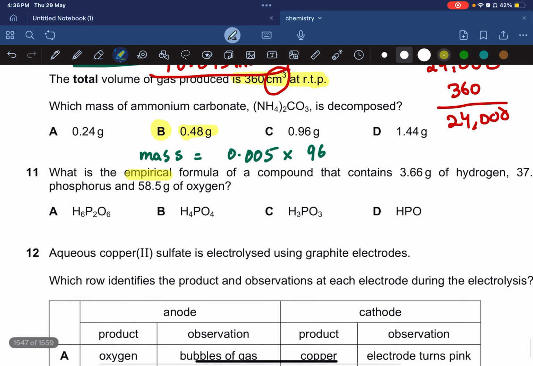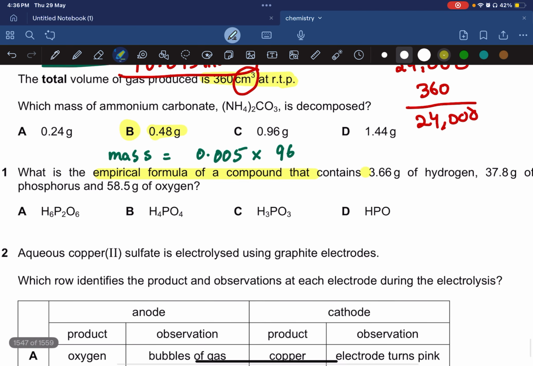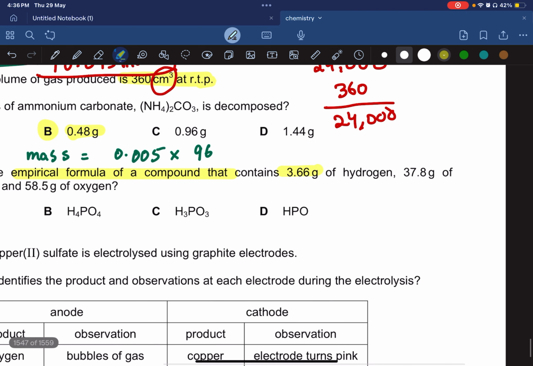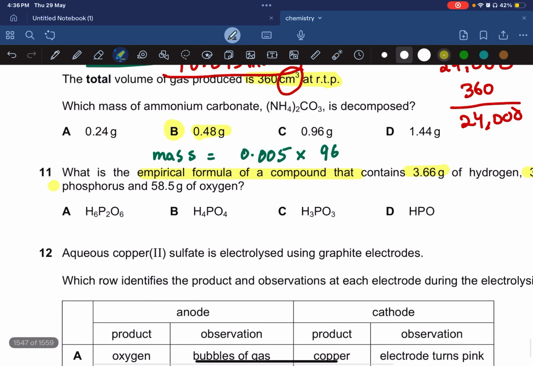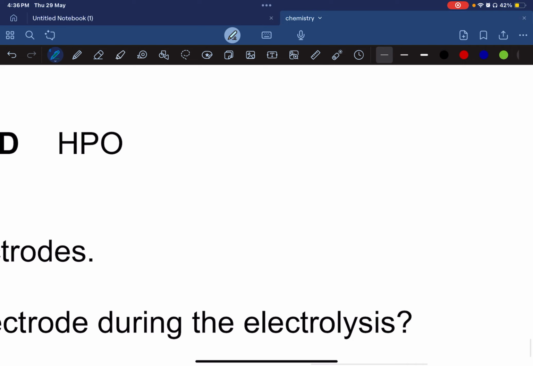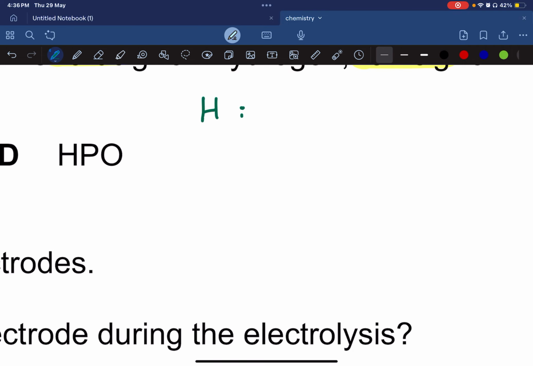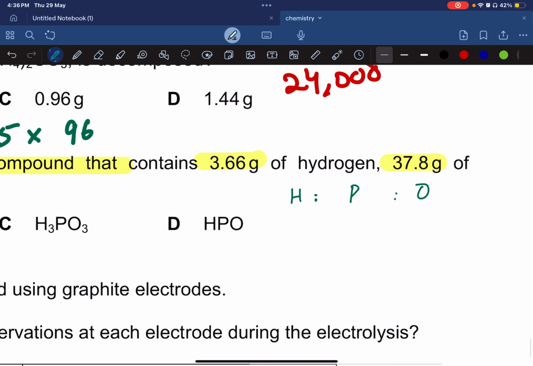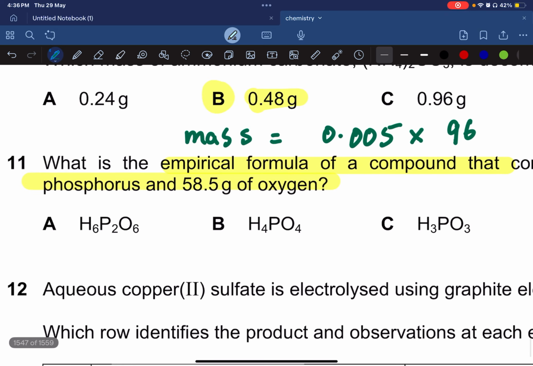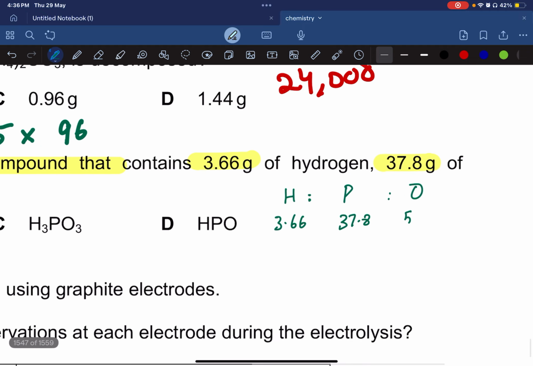What is the empirical formula of a compound that contains 3.66 grams of hydrogen, 37.8 grams of phosphorus, and 58.5 grams of oxygen? Now we have to follow the entire method of empirical formula. That's simple. First we write the ratio of hydrogen, phosphorus, oxygen. For hydrogen we have 3.66, for phosphorus 37.8, and for oxygen 58.5.